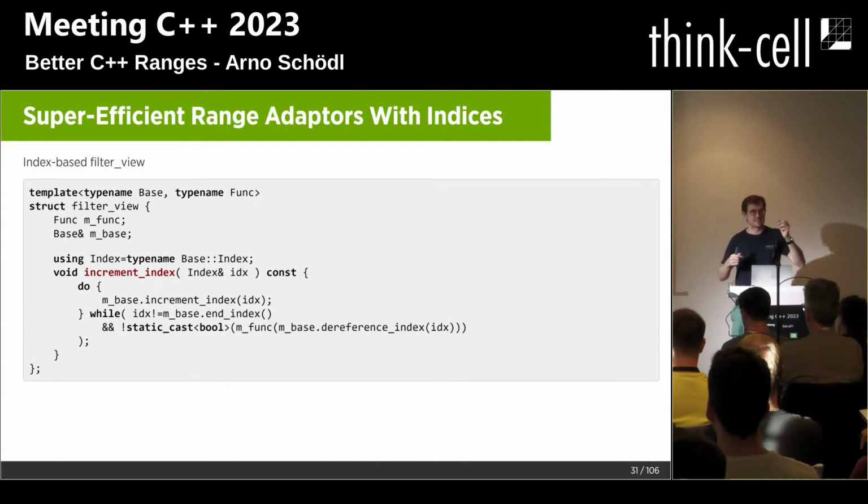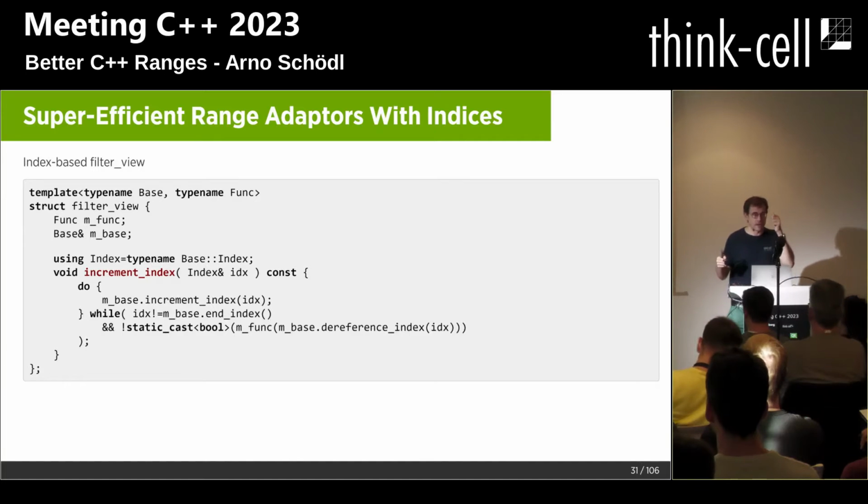The index is always going to be the index of the very base range. In this case, if we filter vectors, it's going to be the vector iterator. So essentially, anyone inside the stack needs to just remember, okay, my position is a position inside the vector. That's it. Doesn't matter how many stacks are in between.